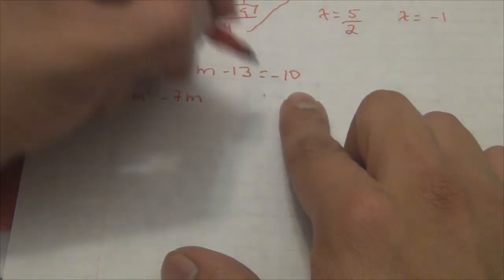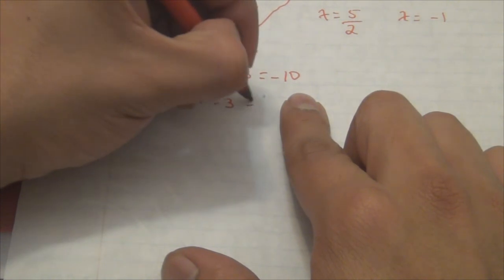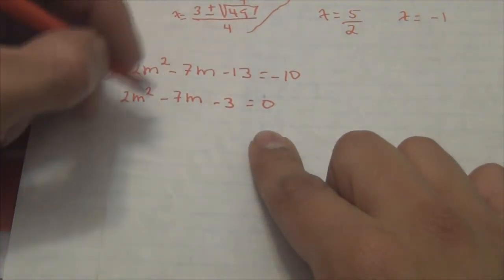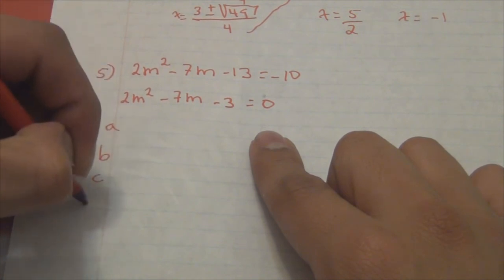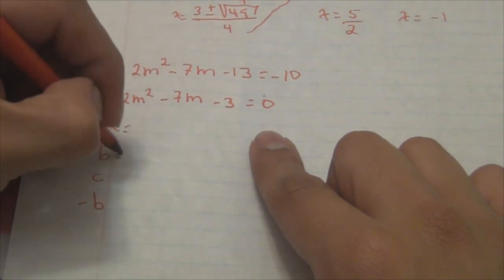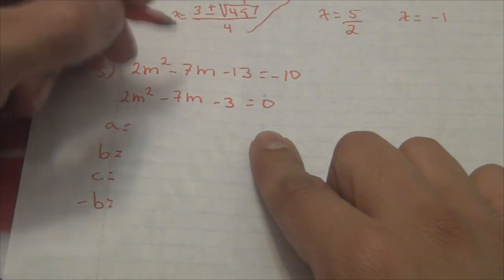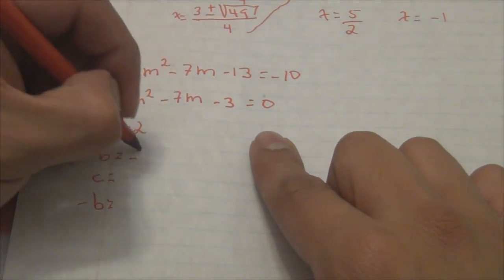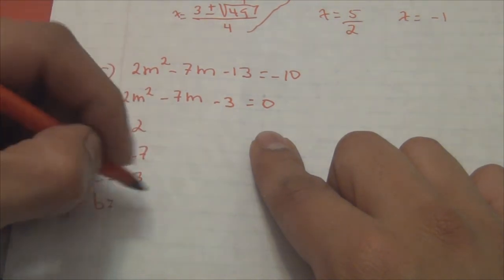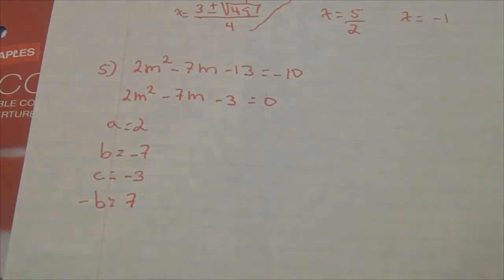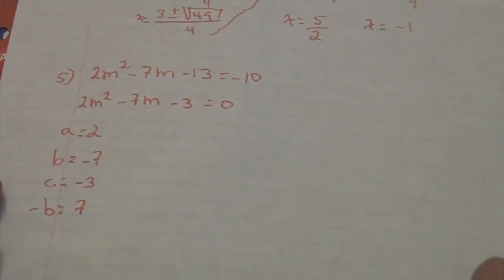Negative 13 plus 10 is negative 3. Now let's identify A, B, C, and negative B. A is 2, B is negative 7, C is negative 3, and negative B is the opposite of B, so that's positive 7.